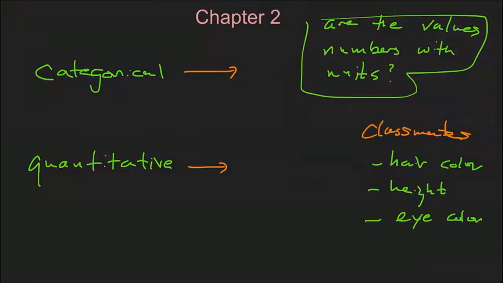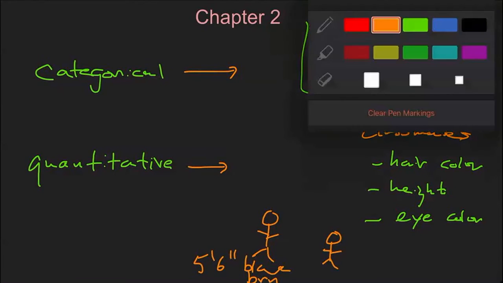So these we would call variables. Why are they variables? Because these can have different values depending on who we're talking about. So let's say student A has black hair, brown eyes, and is 5'6". For the next student, those variables could have different values, and that's what a variable is. It's something that can have different values. That's one way of thinking of it.